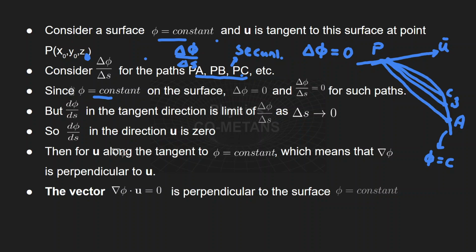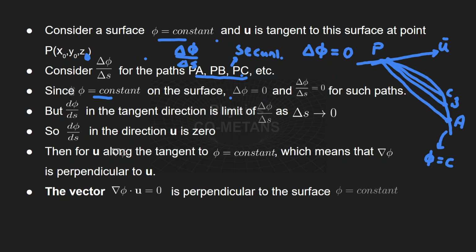Consider it as an equipotential surface, so it is just a number. Say if I have an equal potential of 10 volts, it has 10 volts everywhere. So if I take the difference of final and initial point, whatever two points I consider, the difference between them will be 0.